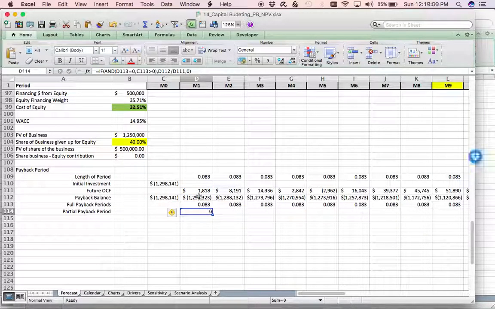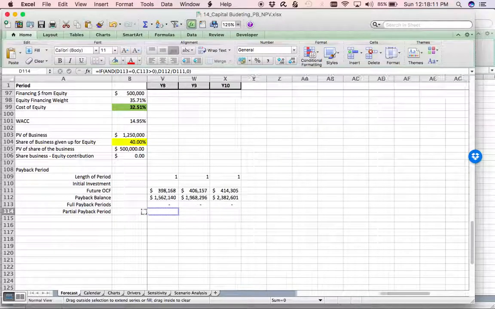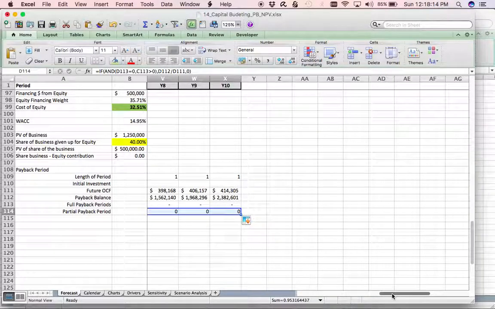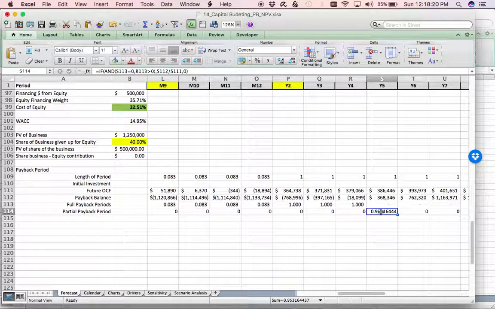All right, and so since we haven't paid the full amount balance back and we aren't into a positive number yet, that's 0. And it continues to be 0 all the way out till this period right here, right? Because if we look at our formula, it's saying if this is 0, meaning we've achieved a positive balance in this, right? But the prior period is not 0, meaning we haven't gotten to a positive balance yet, then that must mean this is the period when we pay everything back.